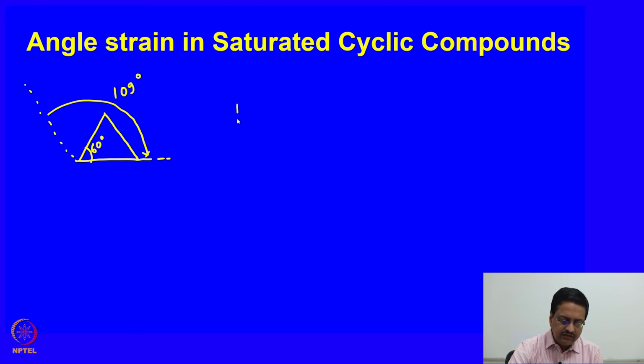The next molecule that we had drawn in the previous slide is cyclobutane. This angle is close to 90 degree, but ideally, again, this being an sp3 carbon, this angle should have been 109 degree.